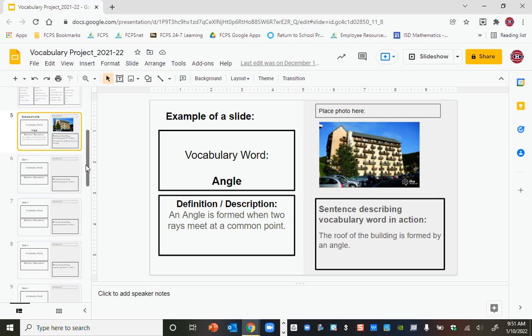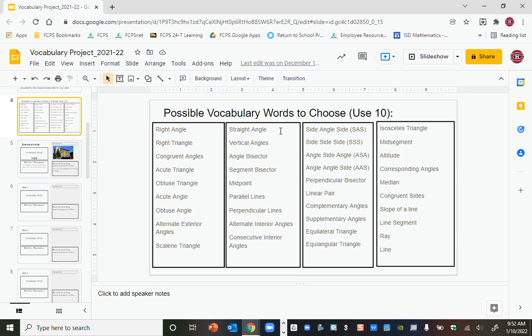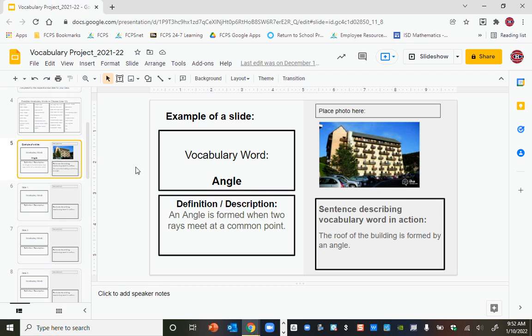This is what it looked like. So this is an example. You will not use this example. But basically, you pick the word. Here's your word bank. You get the definition. You get a picture. And then a sentence using this word in relationship to the picture.